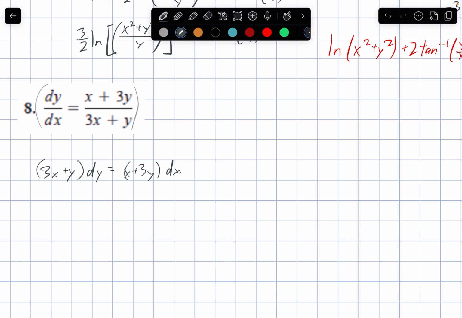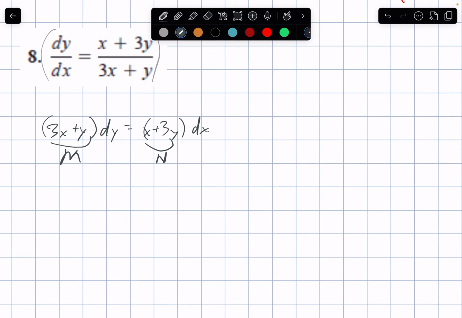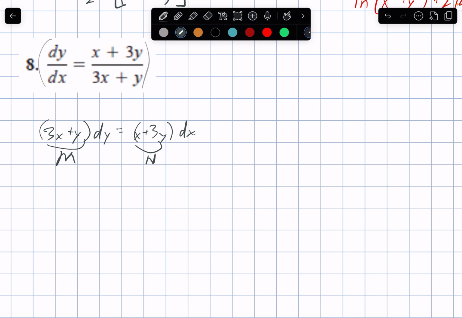Yeah, it is correct. Okay. So this is m. This is n. Which is simpler? That's a difficult choice.